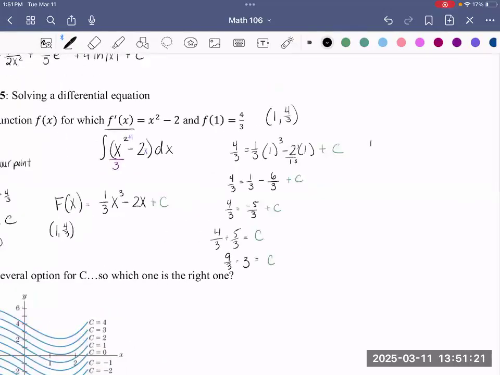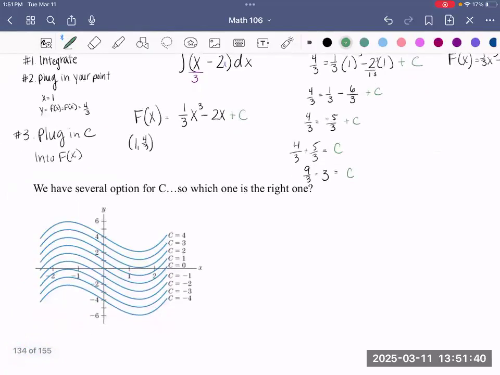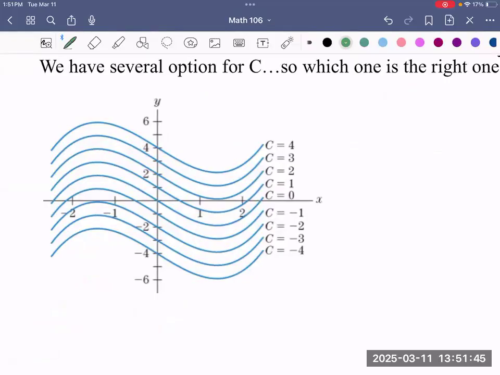So f of x is equal to 1/3 x cubed minus 2x, and this time we can say with confidence plus 3. Now the reason why we know it's 3 is because we are given a specific point. So let's say this is some sort of function. There are several different options based on the points that can come up on a particular graph.